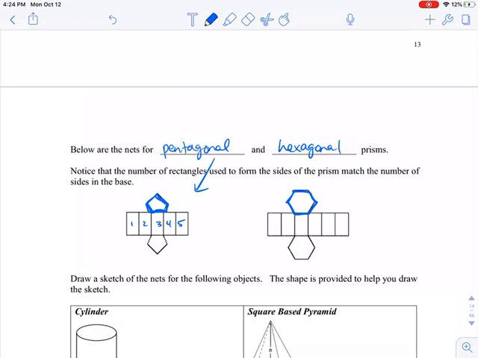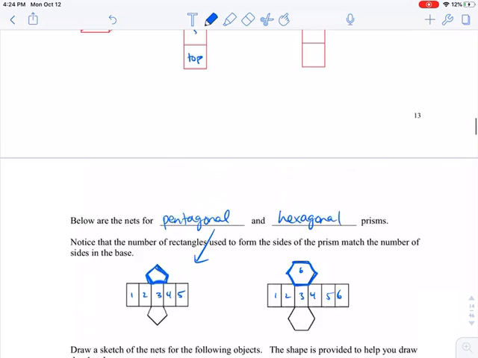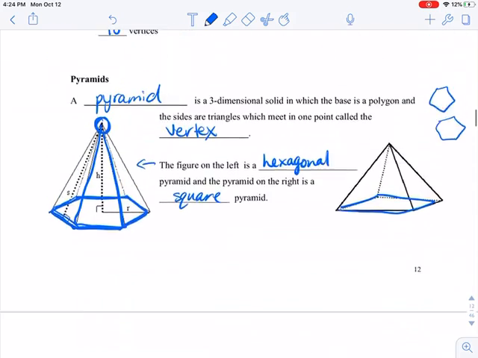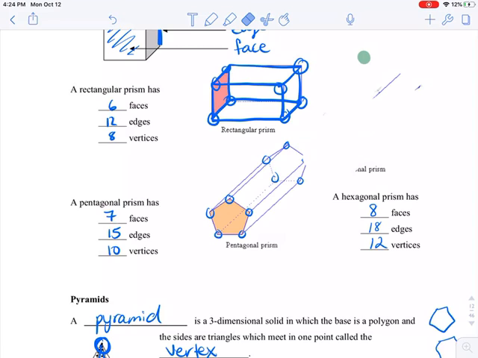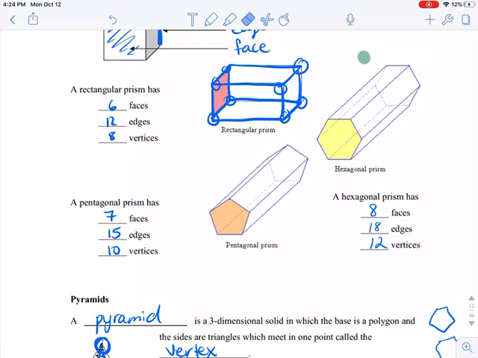And this is a six-sided shape, so there are 6 rectangles. When this all gets folded back up into these prisms, you'll notice that the rectangles are all the same, because these lengths are all the same.